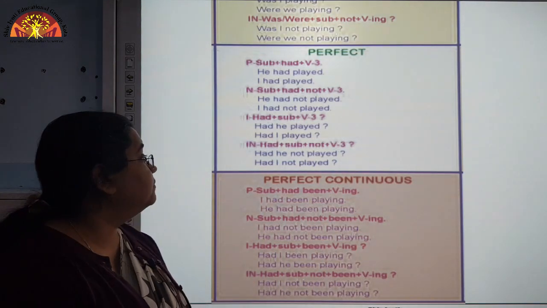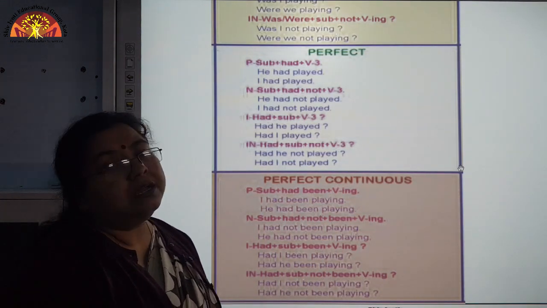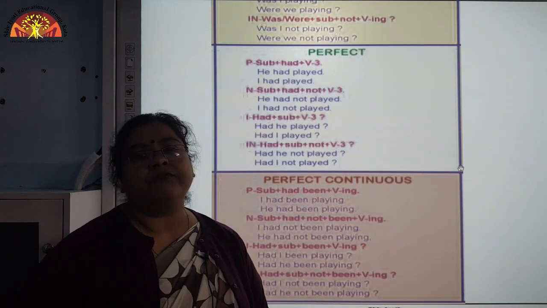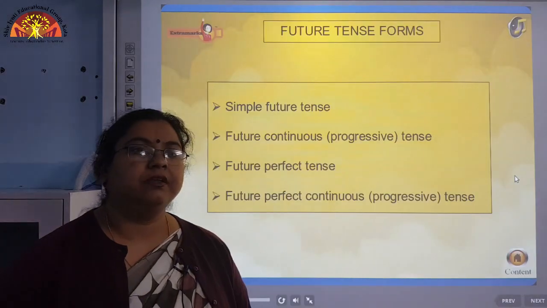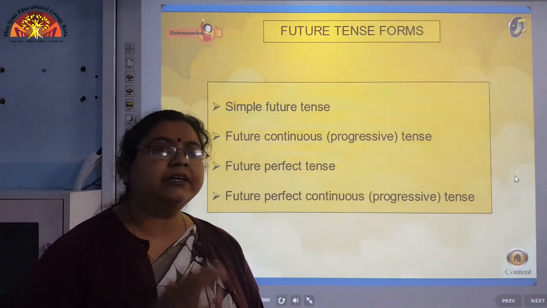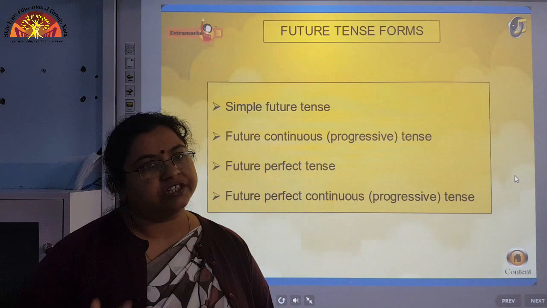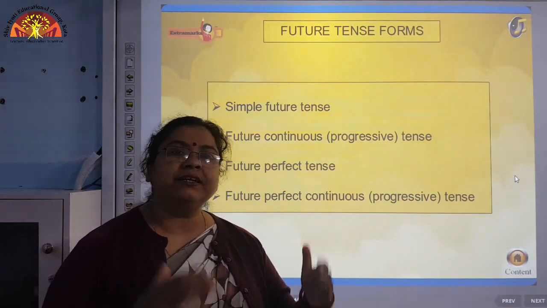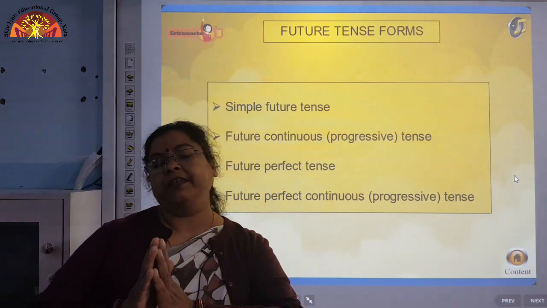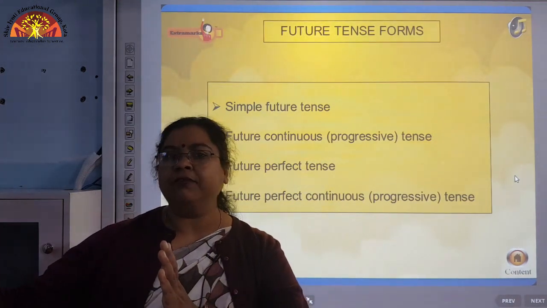Now, let us move to the third category of tense, that is the future tense. Students, the third category of tense is future tense. As we understand, future tense means a certain action which is expected to happen in future.